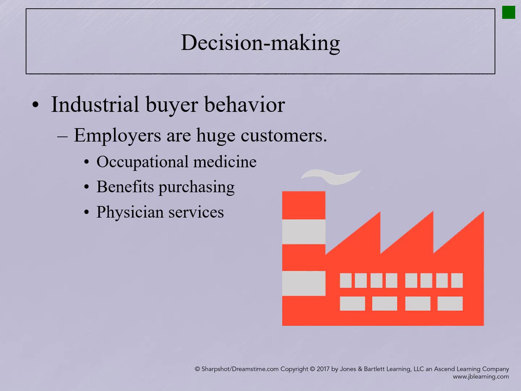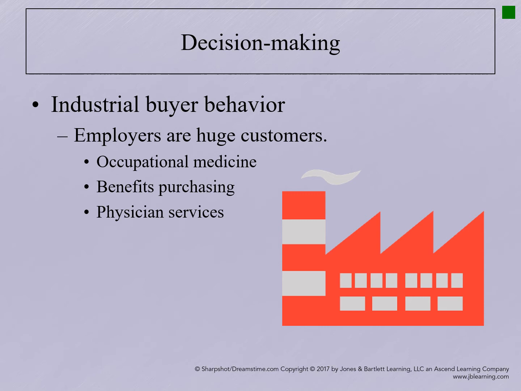Now, as a little bit different emphasis, if our customer is an industrial customer, then their decision making is a little bit different. And even as a hospital, we will have this. When I was the VP of marketing, we set up an occupational medicine program, and I hired salespeople to go out and sell those services directly to area businesses.